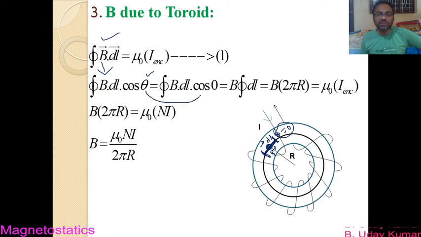Since cos 0 is 1, you just forget about that, and B is a constant value, so you can take it out. If you take this B outside, you get integral dl.